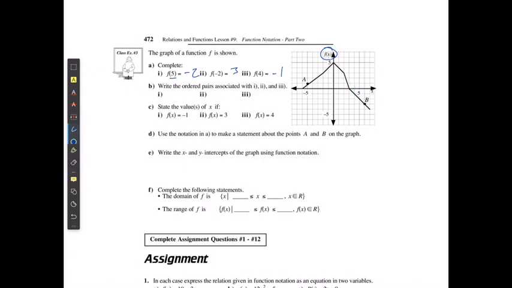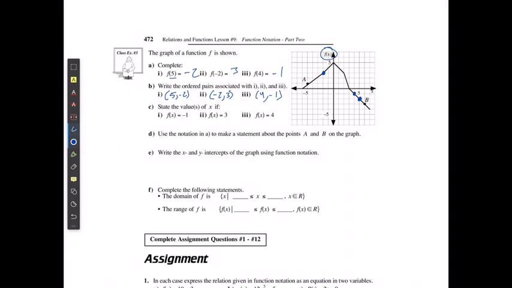If I'm stating what these values are in ordered pairs, I'm going to have 5 and negative 2 is one point that it goes through. I'm going to have negative 2 and 3 is another point, and I'm going to have 4 and negative 1 is the last point. And I can see all those points right here, and right here. Those are the exact coordinates of those points.